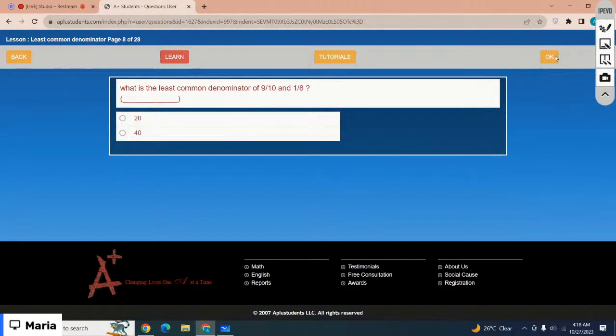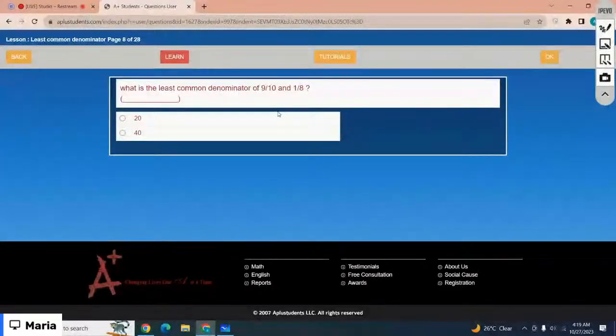What is the least common denominator of 9 by 10 and 1 by 8? No, 20. You don't have 20 in the table of 8. 8 times what number is 20?